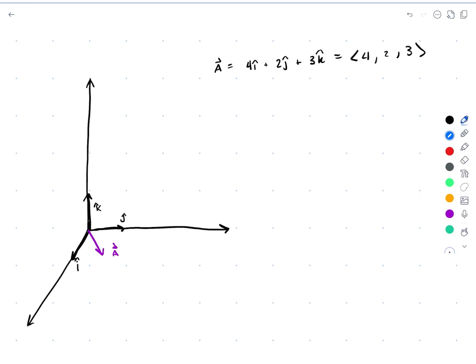So let's try to draw this out. It looks something like this, though it's not really going to be to scale.